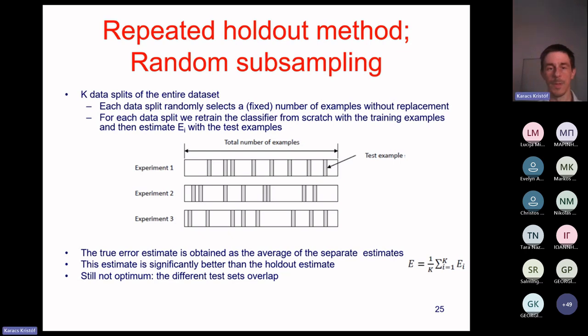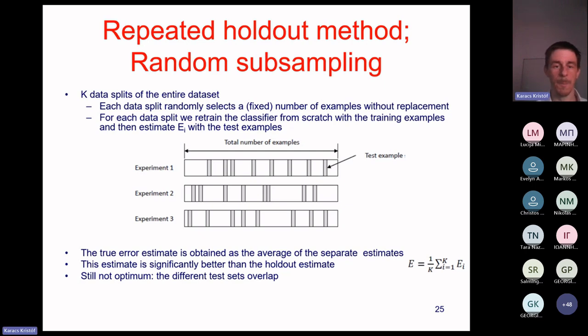So the simplest approach is basically called the repeated holdout method. When you create multiple holdout test sets, this way the random test samples that you take out from your data set will differ in the different experiments, in the different runs.